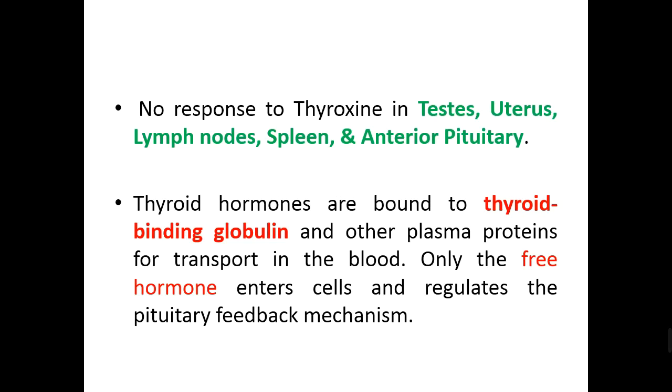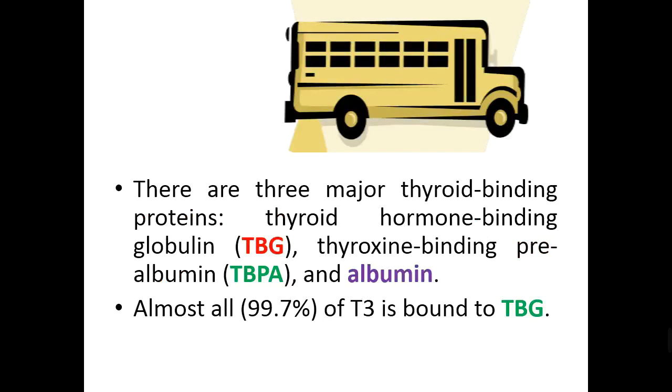Thyroid hormones are bound to thyroid binding globulin and other plasma proteins for transport in the blood. Only the free hormone enters cells and regulates the pituitary feedback mechanism. There are three major thyroid binding proteins: the thyroid hormone binding globulin, the thyroxine binding prealbumin and albumin.